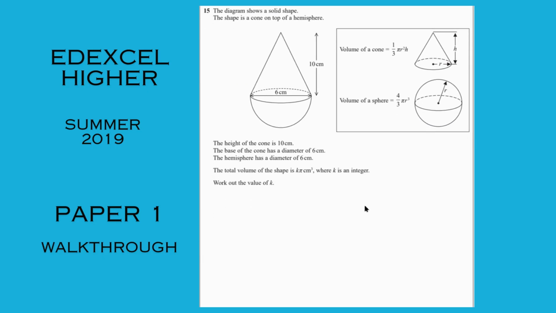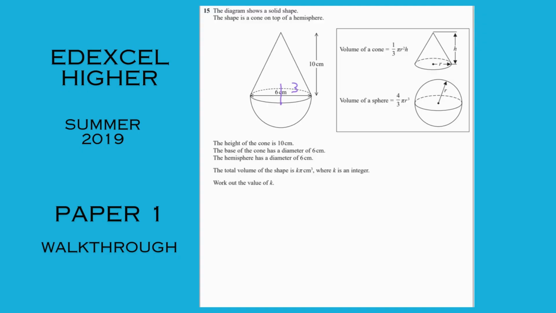Number 15. Whenever I see a question like this, first thing I look for is straight away the radius, because the radius is required for the cone and the sphere, or the hemisphere in this case. So you can just jump straight in. There's no hidden information. You've got all the information that you want.